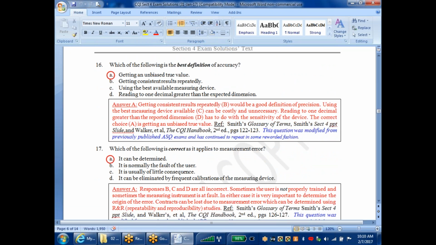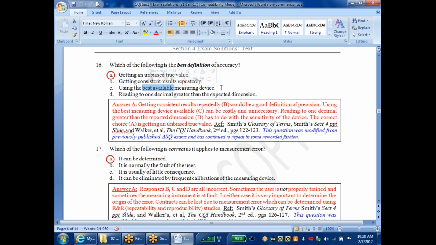Which of the following is the best definition of accuracy? Now, best definition means that there are going to be other ones that might sound right. The correct answer obviously is A, but B is talking about precision, which is different than accuracy. And C, using the best available measuring device. Well, that could be very expensive.